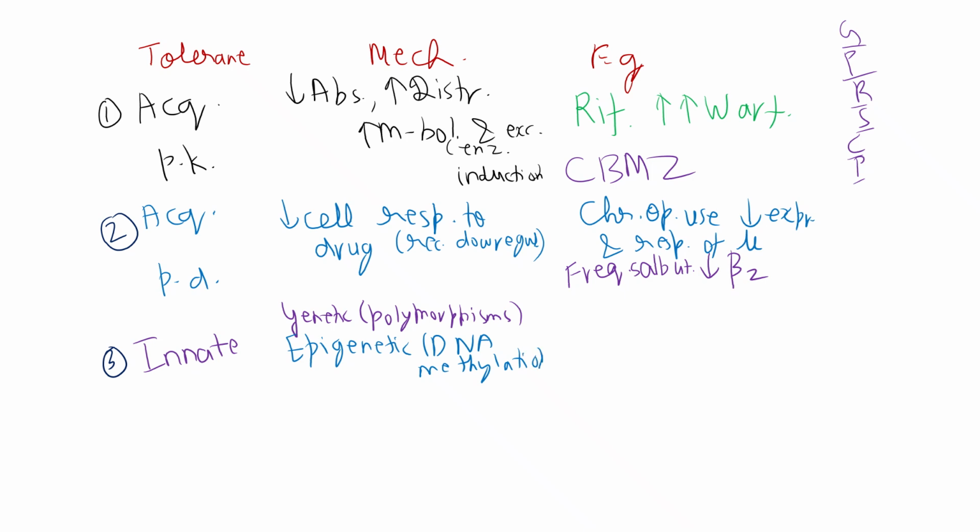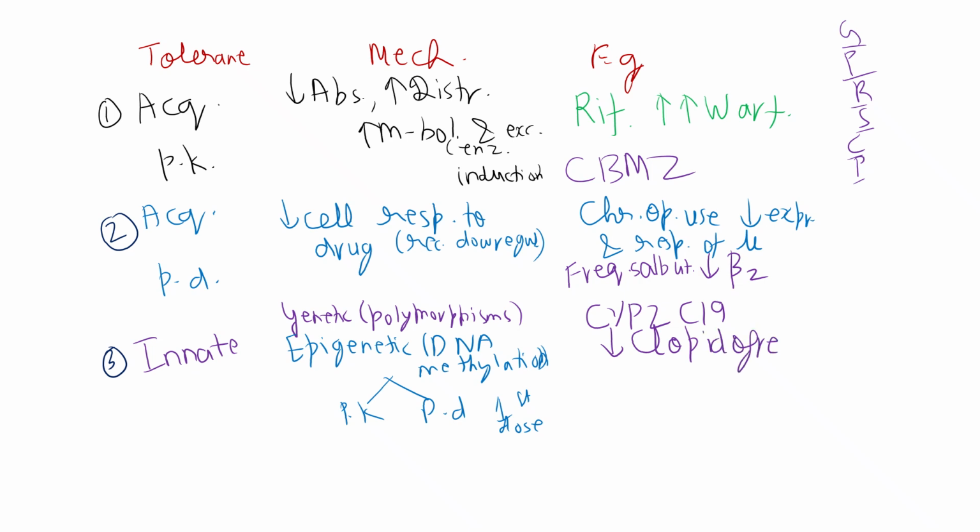This leads to pharmacokinetic or pharmacodynamic tolerance, and this tolerance is apparent from the first dose. Example, slow metabolizer of CYP2C19 allele, decreased clopidogrel activation. So if clopidogrel activation will be less, obviously there will be decreased antiplatelet effect because clopidogrel is not activated sufficiently.